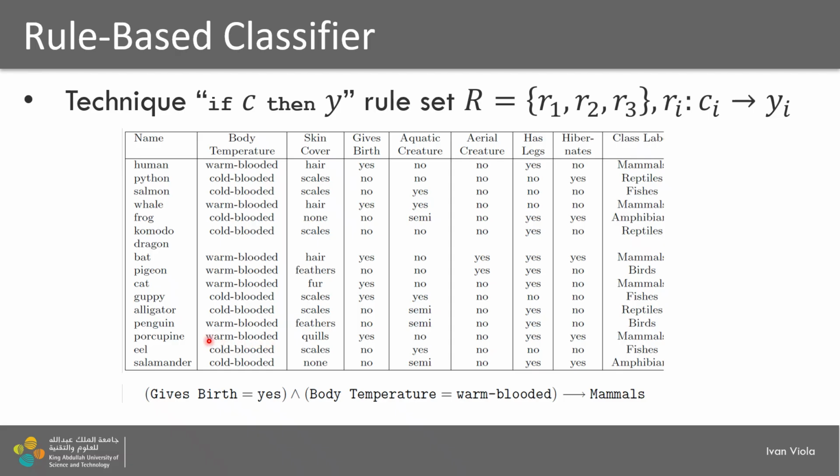Porcupine, it will be a mammal, and then eel and salamander will not be mammals. So this rule, for this type of data, will be 100% correctly assigning the typical animal class to the various animal types.